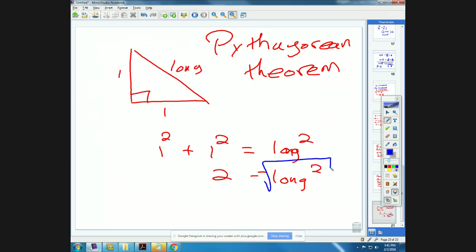Remember that once upon a time? So it turns out the long side, in this case, has to be the square root of 2. Okay. This is both cool and trouble. The Pythagoreans were a math/religious cult a couple thousand years ago, and they believed that the world was rational.